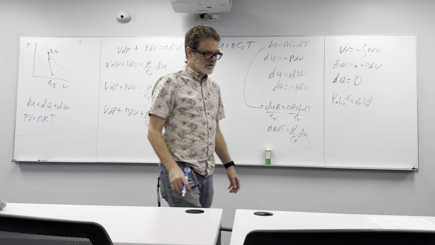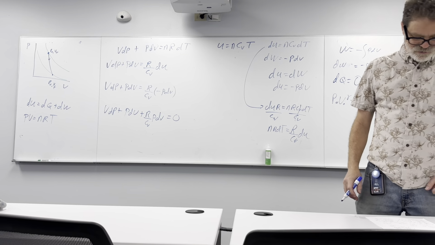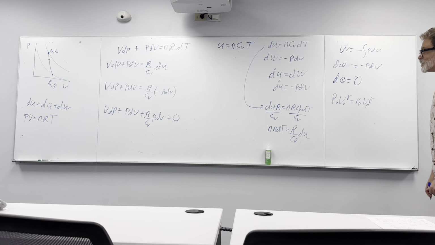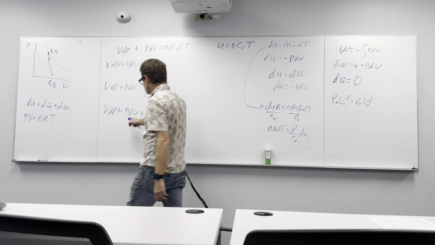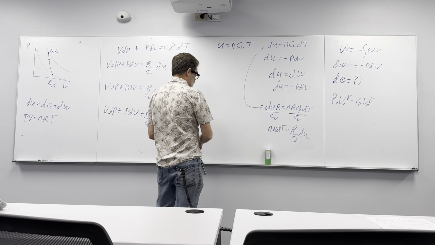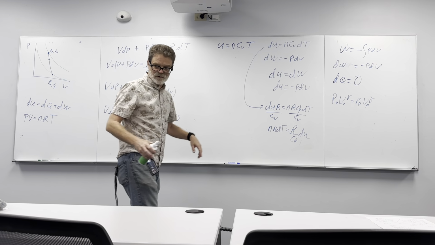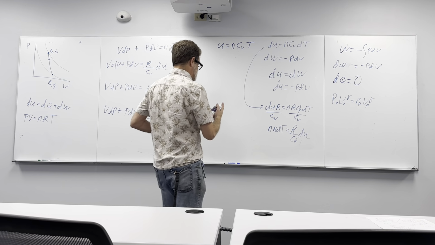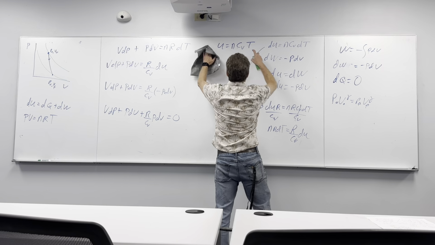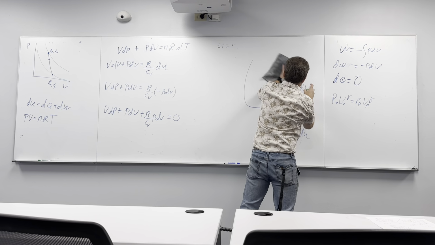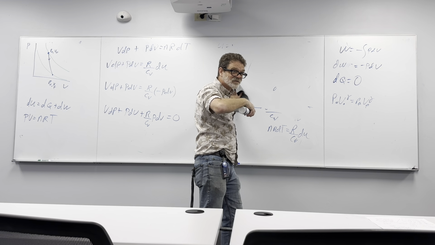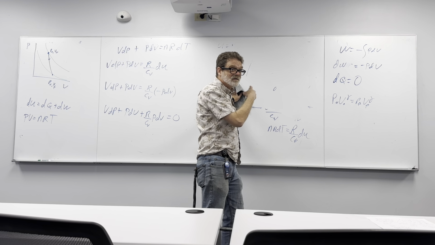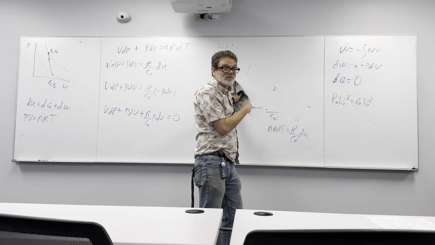I better check my notes. That looks good. My notes look good. Okay. We can factor out a dV, right? P dV. So I'm going to erase up here. This will be useful, even though you're not going to use it in this class. When you get to thermal, this is a lot of thermal stuff, right?